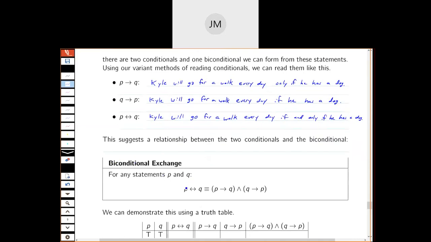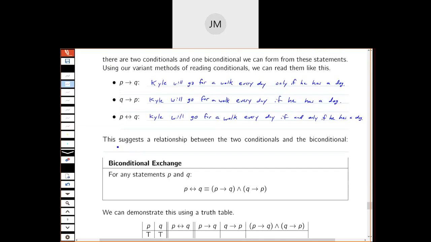For any statements P and Q, P if and only if Q is equivalent to P only if Q, and the way to flip this would be to say if P then Q. So we have if P then Q and P only if Q. All right, so let's verify this using a truth table.